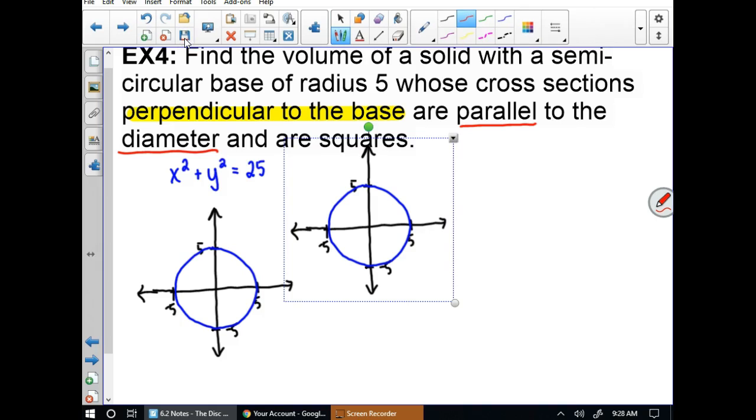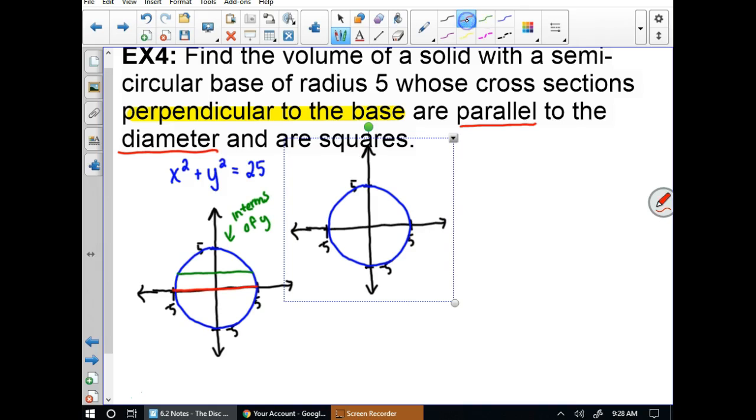So you could use the x-axis as your diameter. And if you use the x-axis as your diameter, then that means you would have cross sections that are parallel to the diameter. So they would be horizontal, they would be perpendicular to the y-axis. So this would be in terms of y.